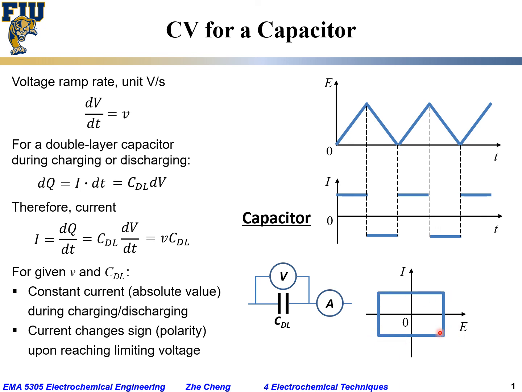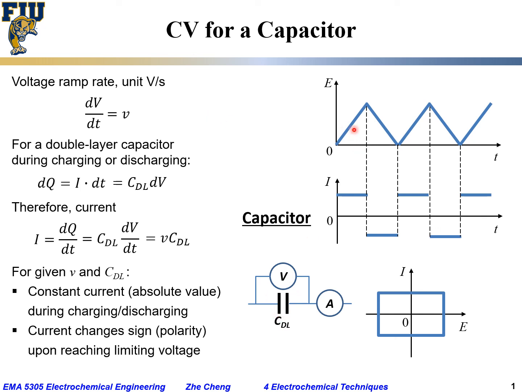You cycle the potential, and when you ramp up the potential, current is positive, and then you reach the limit, go down, you ramp down the voltage, the current is also constant in value but negative. And you repeat this, it goes in a certain direction. Okay? And this is the CV behavior for a double layer capacitor.